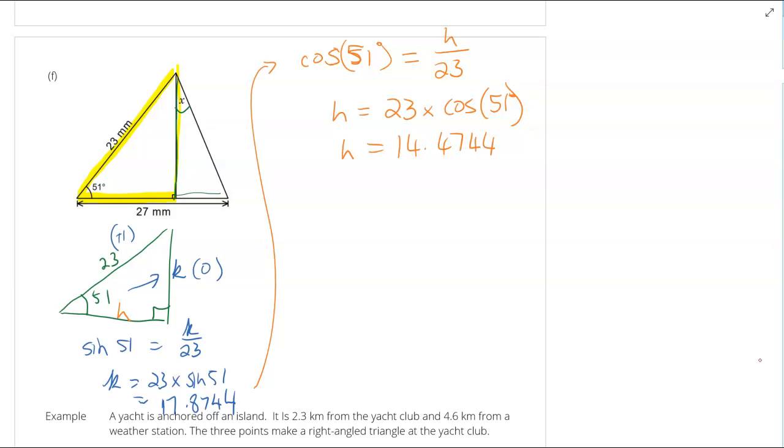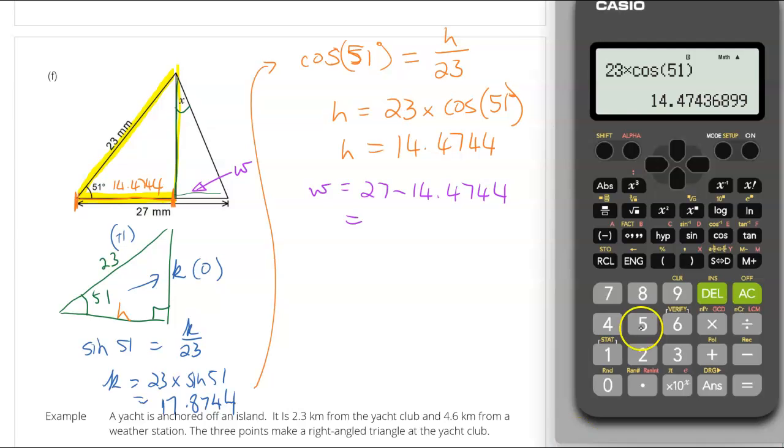So knowing that h, which is this distance here, this bit that we've highlighted on the base of the triangle, is 14.4744, we can then calculate this distance here, which we might want to call w. And so w is going to be the full distance of 27, subtract that value h we've just calculated.